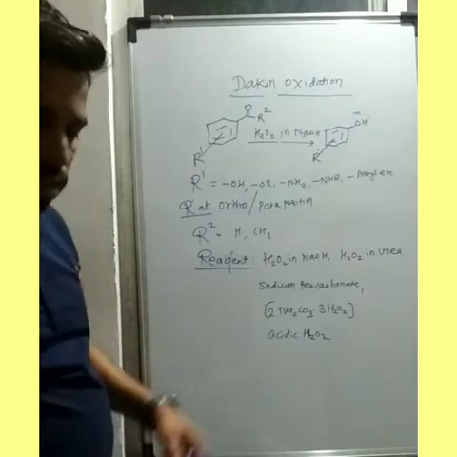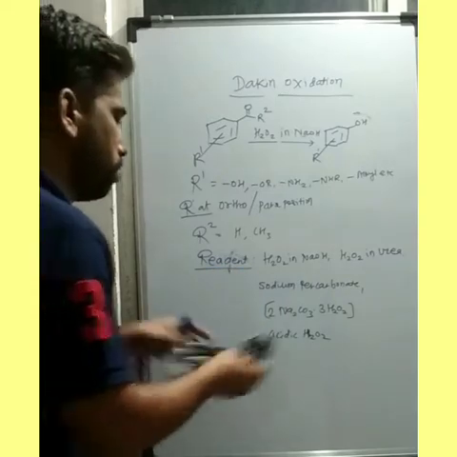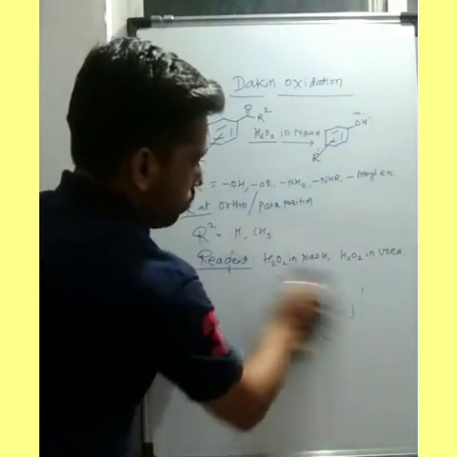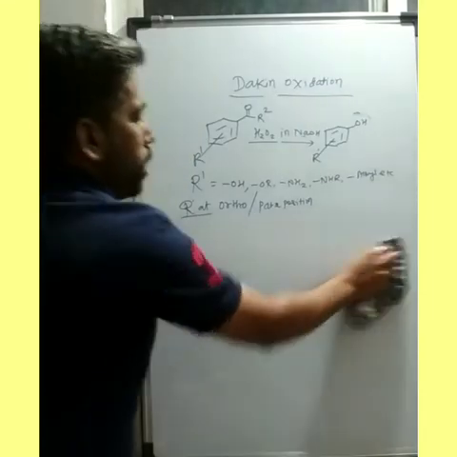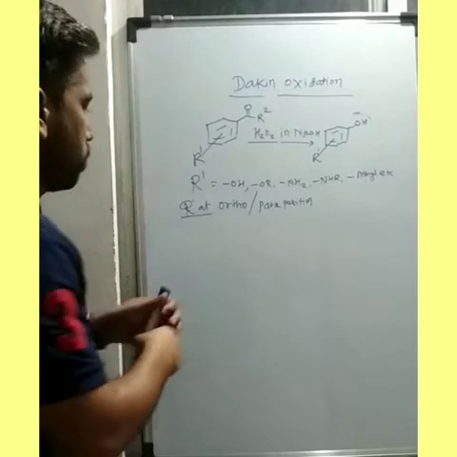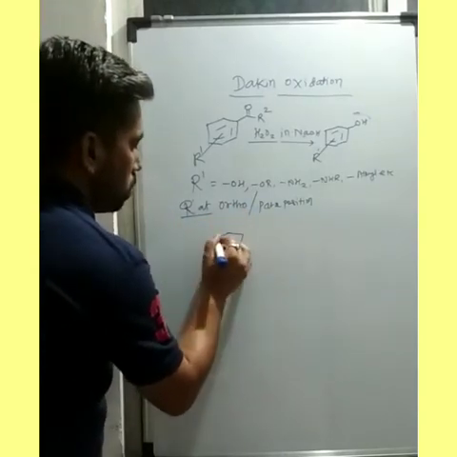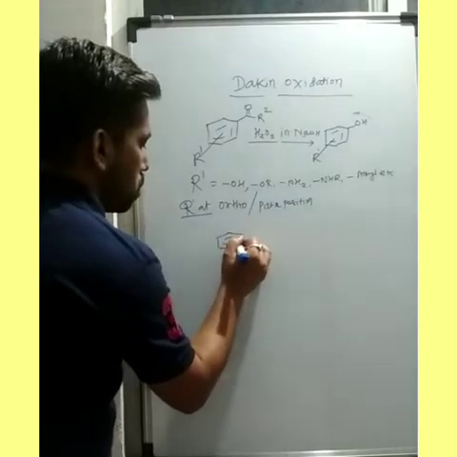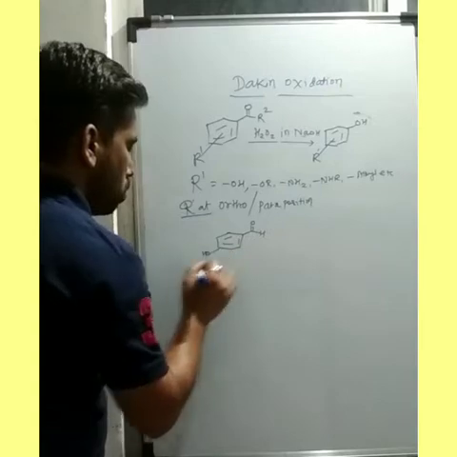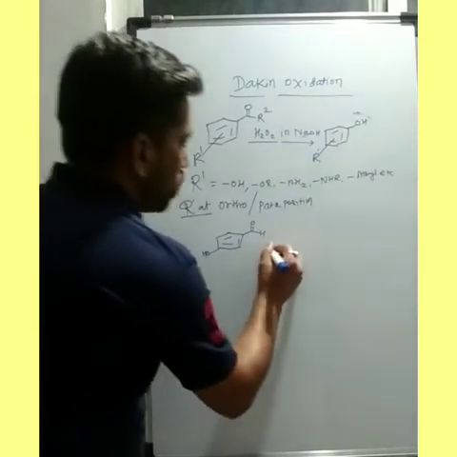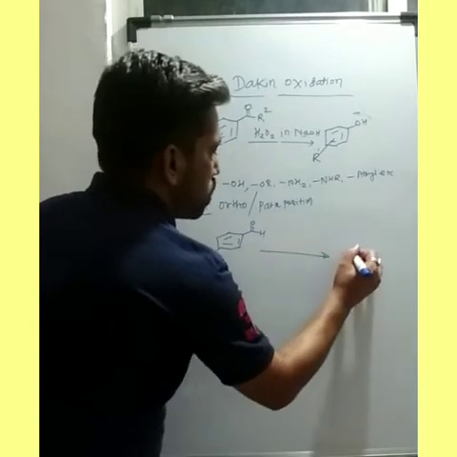Okay, let's see the mechanism for this reaction. For the mechanism, let's take an example. Para-hydroxy benzaldehyde is converted into the corresponding phenol.